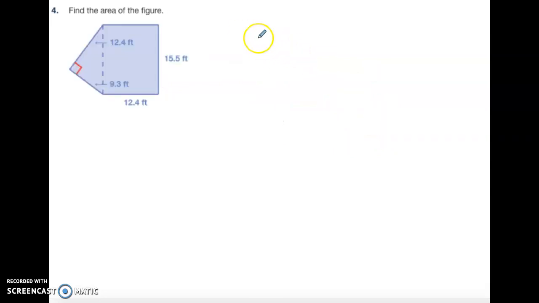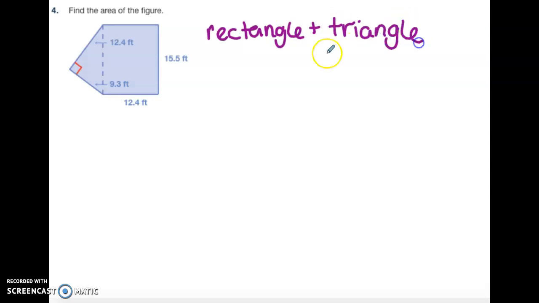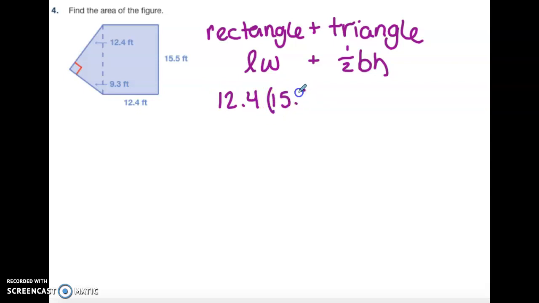All right, number 4, we want to find area of the figure. So this composite figure is made up of a rectangle and a triangle. So we want our rectangle plus our triangle. Area of a rectangle is length times width. Area of a triangle is 1/2 base times height. So the length of the rectangle is 12.4. The width is 15.5 plus 1/2.